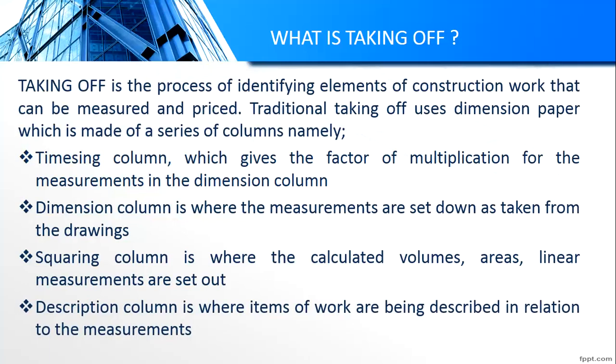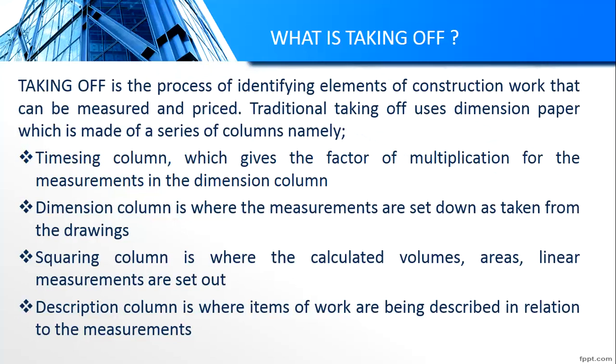The timesing column gives the factor of multiplication of elements. That means if you measure an item and it is to be repeated in 2 or 3 places, you multiply the item measured in the dimension column by 2 or by 3 in the timesing column.